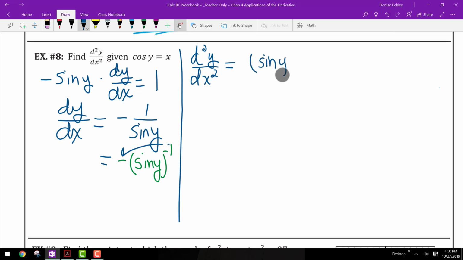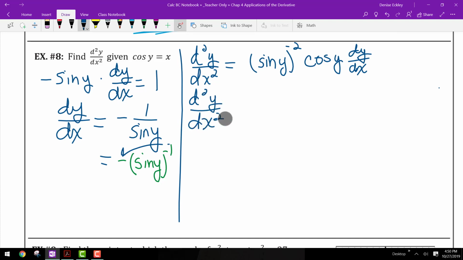So we're going to have sine y to the negative 2, and then take the derivative of the inside function. So the derivative of sine y is cosine y, and then, of course, using the chain rule, taking the derivative of y, we get dy dx. Okay, so here's where the substitution comes in, because we only want our final derivative in terms of x and y, no dy dx, right here.